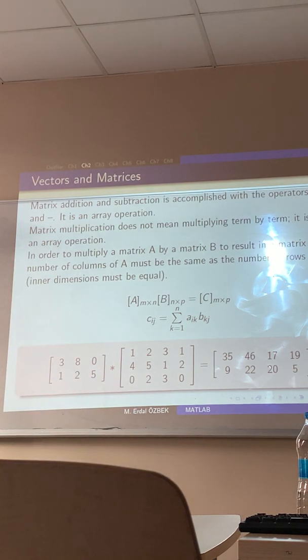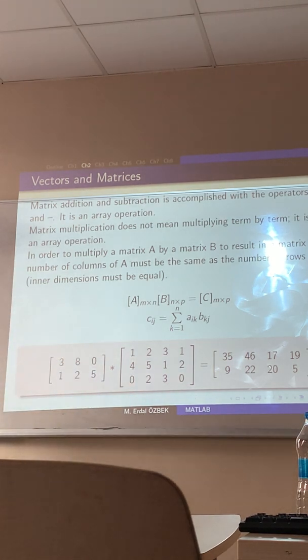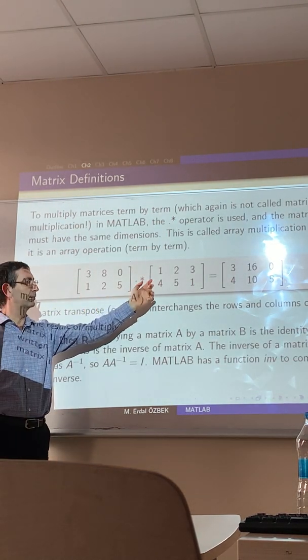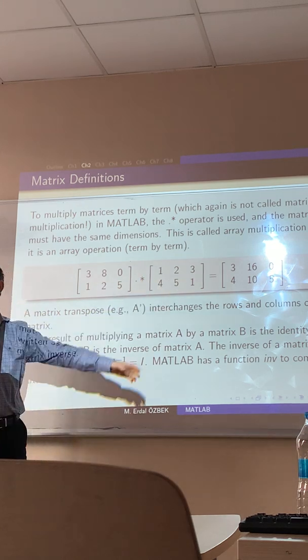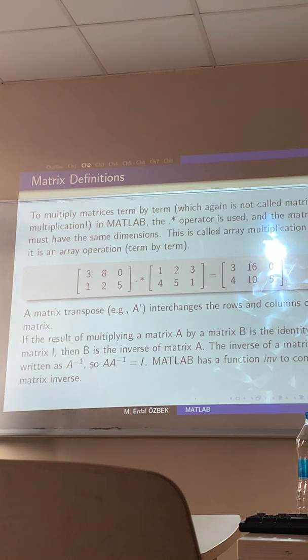So we talked earlier, a 2 by 3 times a 3 by 4 gives a result that is 2 by 4. If you do a 2 by 3 times a 2 by 3, you should only do it by using a dot multiplication, okay?